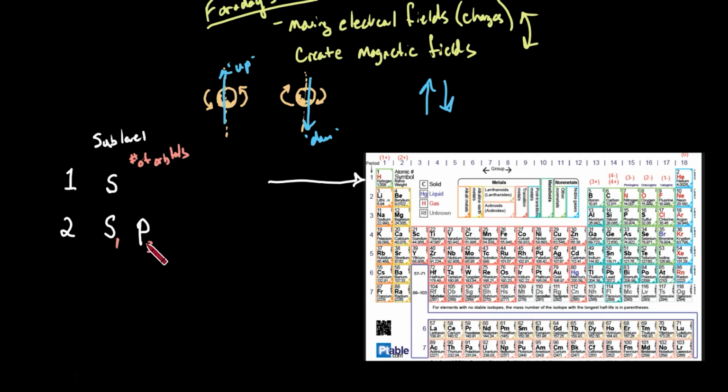P has 3 orbitals in the sublevel. I know it's all kind of jargon here, but each orbital can hold how many electrons? 2. If we have 3 orbitals in the P sublevel, and each one holds 2 electrons, how many is that total? That's 6. 1, 2, 3, 4, 5, 6.